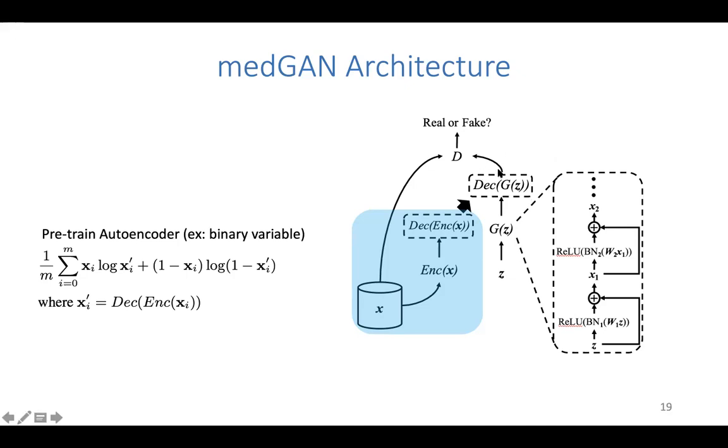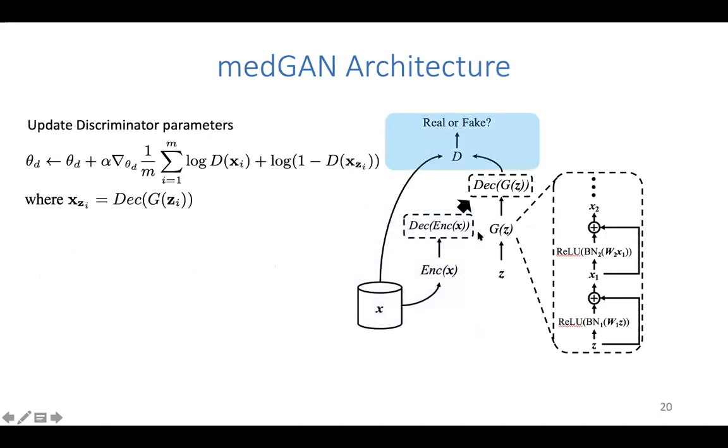So it's a converter. Once the decoder converts G(Z) into decoder(G(Z)), the discriminator will accept either this or the actual tabular data, and then have to decide whether it is real or fake. So that is why we have an autoencoder in here. And the discriminator is exactly the same.